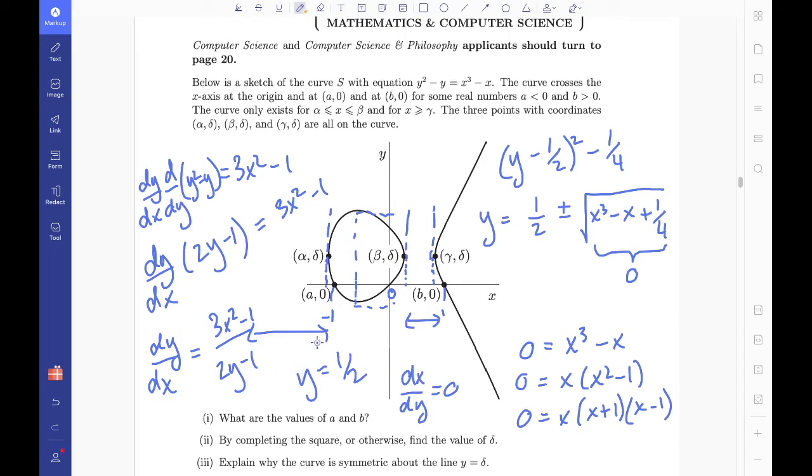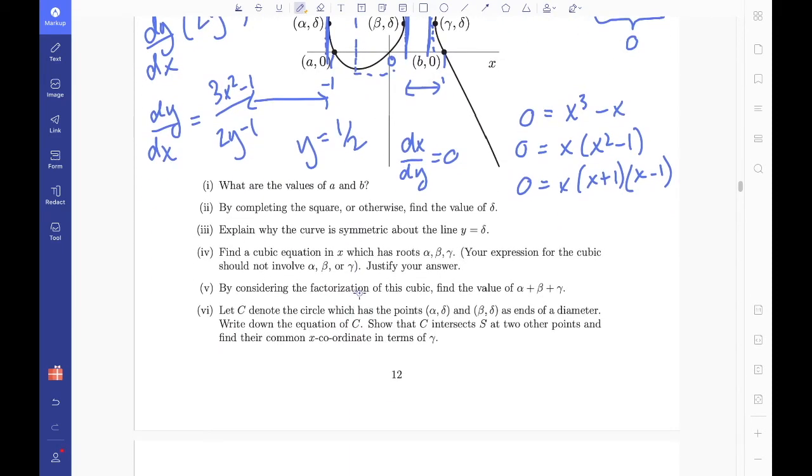And dx dy is like saying if you rotated this whole thing by 90 degrees, and you think about where dx dy is 0, then that's like saying where are the stationary points on this graph if you rotated it around. Okay, but anyway, that's two different ways of doing it. Because there's an 'or otherwise' there, I always like to give some options.